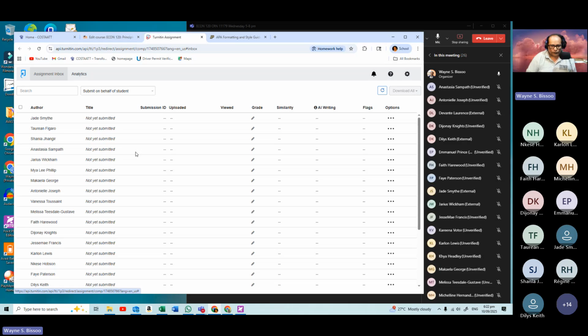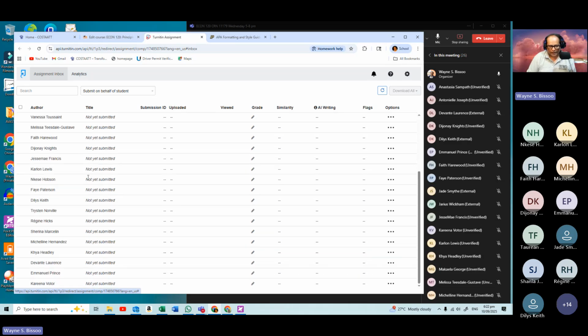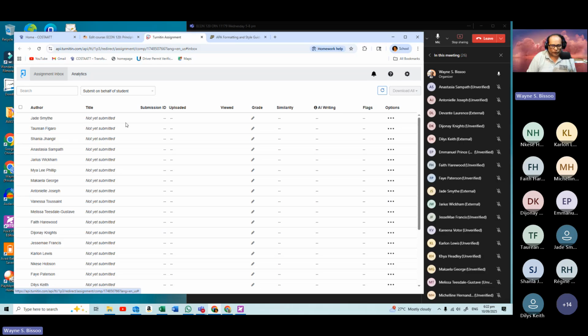Of course, none of you have submitted anything yet, so there's nothing for it to do a comparison with. But you upload your document and it does a search against all the other databases that it has, including the internet. It tells you what percentage of your work is showing up as similar to other sources of information.